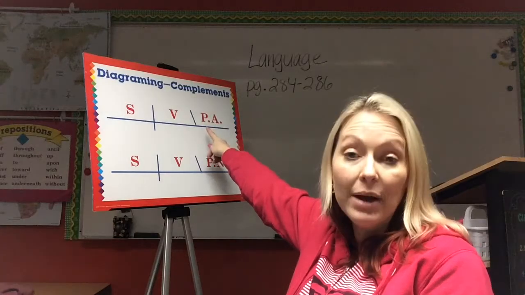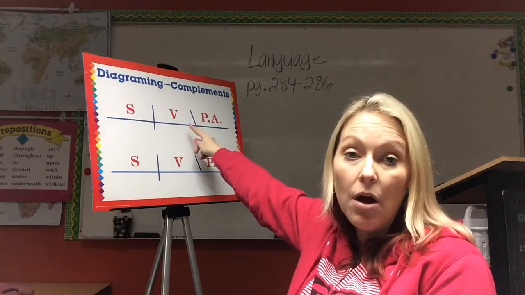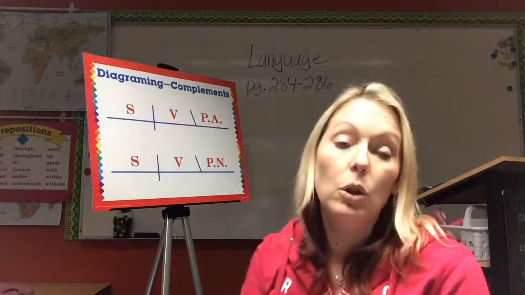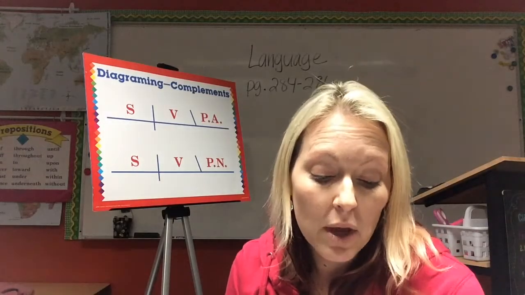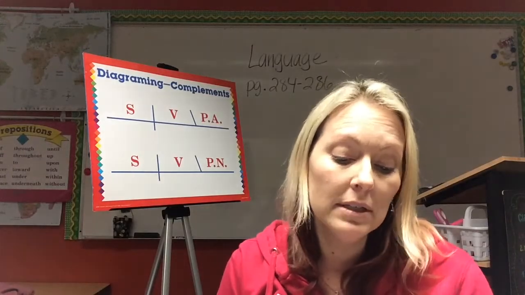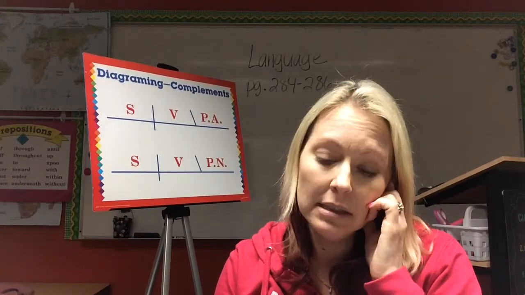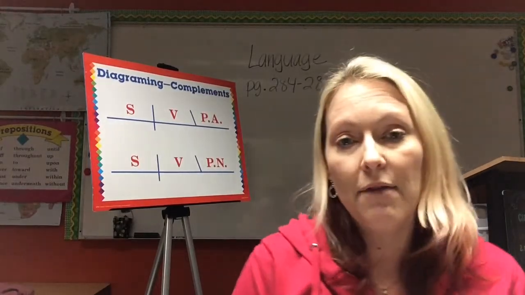So he would be our predicate adjective, and that would be right here on the line. Remember, don't forget that horizontal line, and then we would write loyal on the line. So do you see how that's kind of going with diagramming? Now, obviously, we will be diagramming these, I think in the next lesson, but not right now. We did want to go ahead and describe that for you.